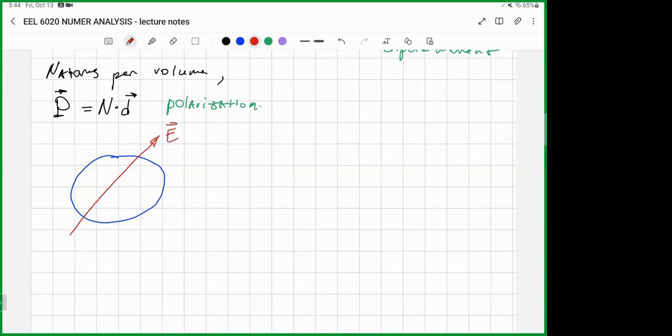Okay, and this electric field causes the electrons to move in the negative direction of the field.